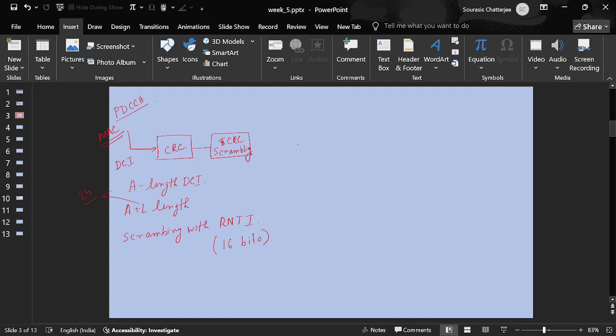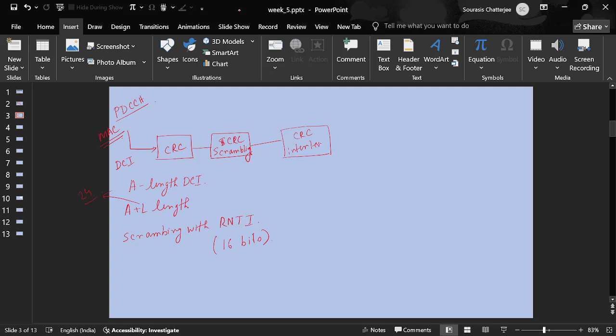So after scrambling, what is being done? CRC interleaving, I think, and then polar encoding, which was not discussed yet in the class this week.